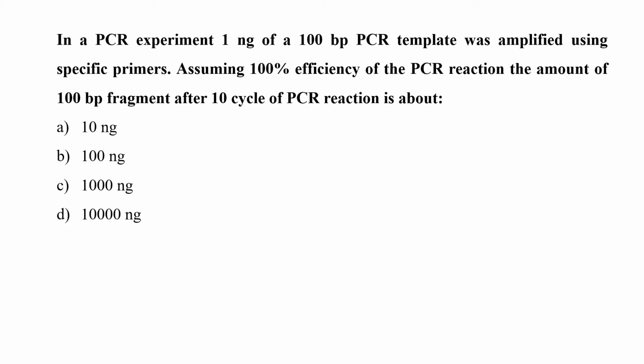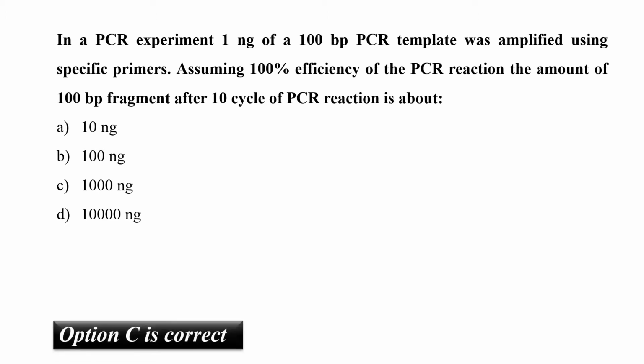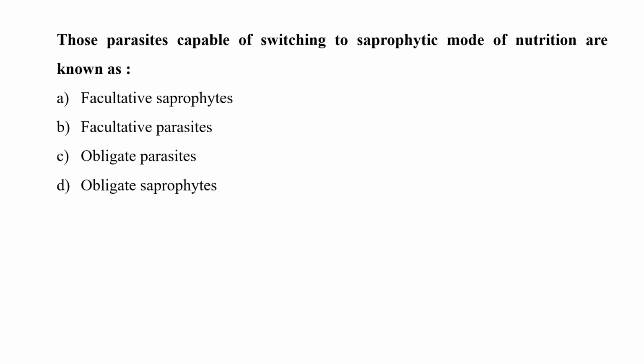So we know that the number of double-stranded DNA pieces is doubled in each cycle, so that after n cycles you have 2 to the power n copies of DNA. Now if we start with 1 nanogram, after 10 cycles we would have 2 to the power 10 or approximately 1000 nanograms of DNA. So the correct option here is option number C, 1000 nanograms.